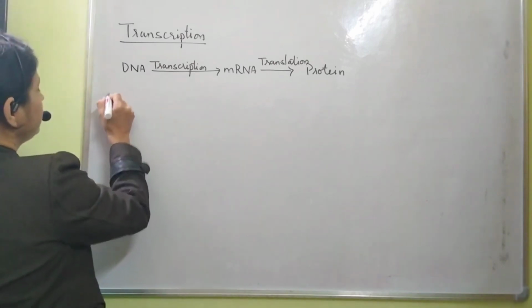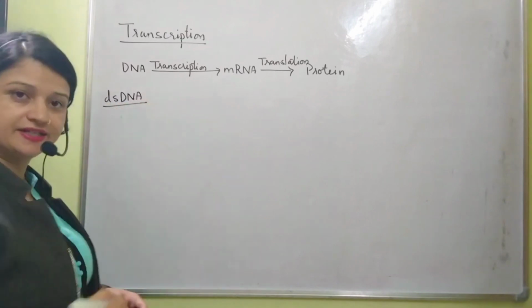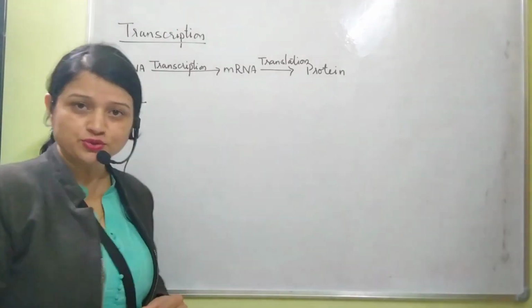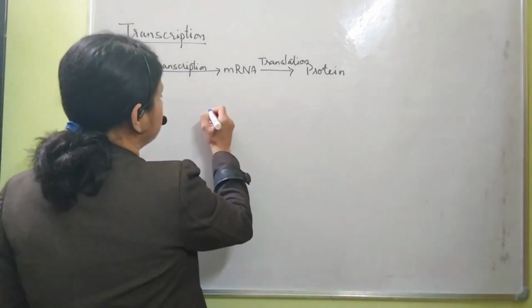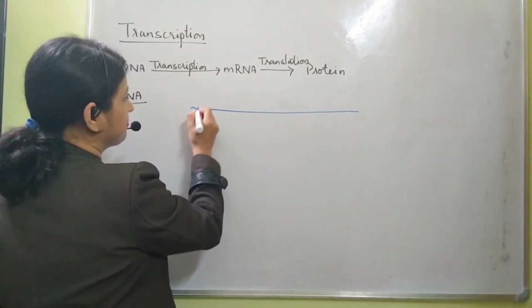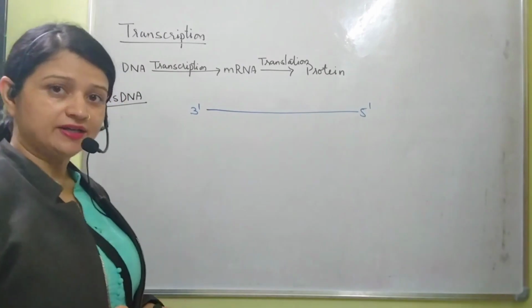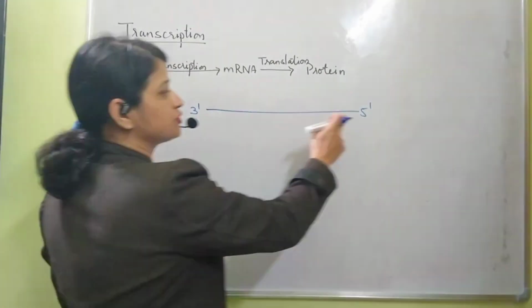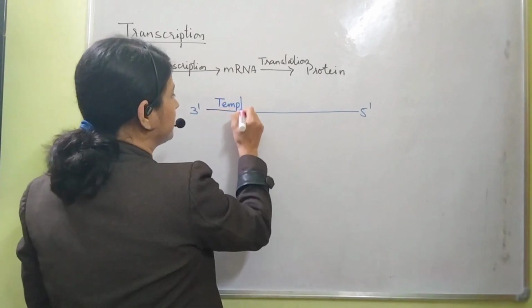So, in a dsDNA, that is double-stranded DNA, there are two strands. Suppose this is your strand which has polarity 3' to 5'. The strand having polarity 3' to 5' will be called the template strand.